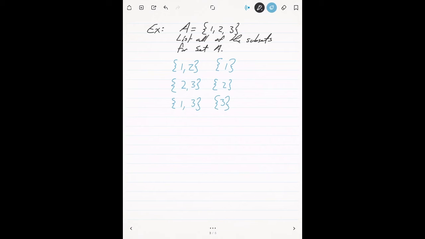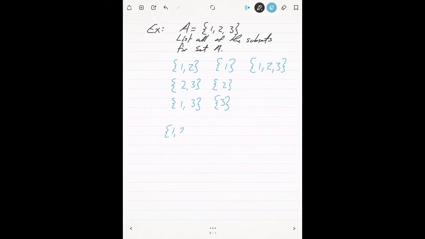Are there any other subsets that we could list? Well, it turns out yes. We can list the subset 1, 2, and 3. Now some of you are probably saying, wait a minute, Linford, that's what the original set is. Can you list it as a subset? Pay attention to the definition.